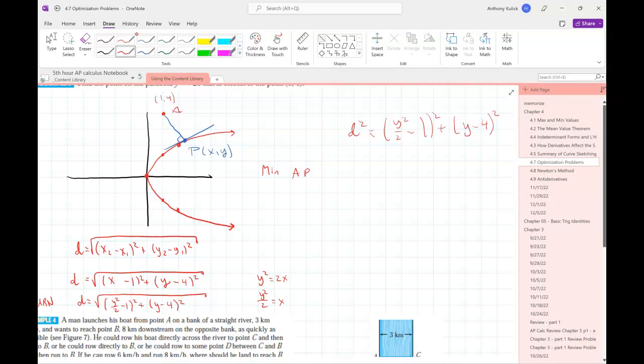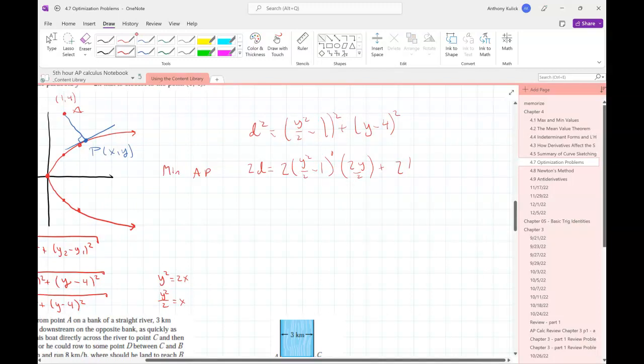So if I do that, I get 2d equals 2y squared over 2 minus 1 to the first, times the derivative of the inside, which is just going to be 2y over 2, plus 2y minus 4 to the first, times the derivative of the inside, which would be 1. Is everybody cool there?